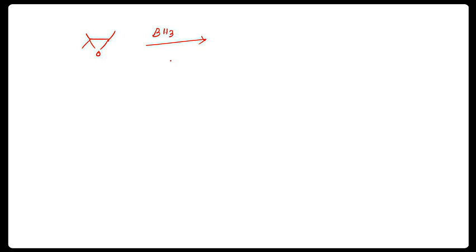BH3. Then what will happen in place of BH3? So first, what happens? The boron is electron deficient. It's a 6-electron system.